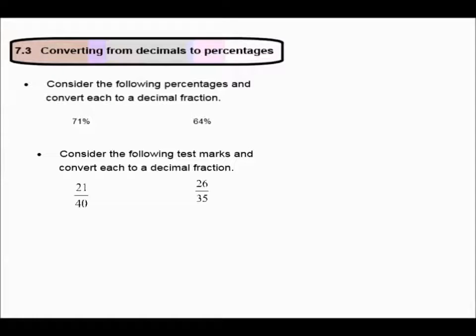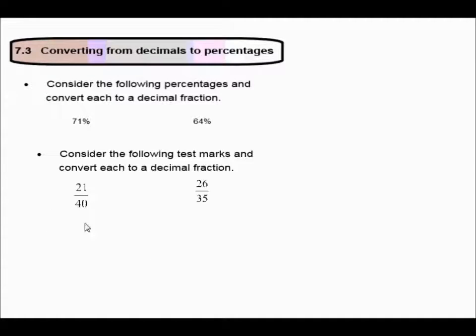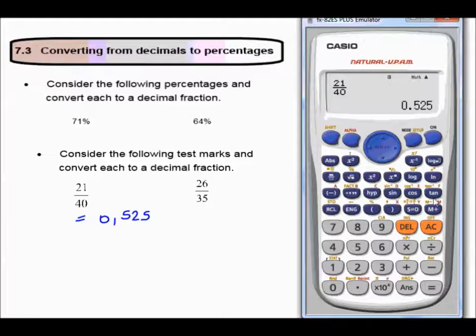Well, if you remember, to convert a common fraction to a decimal fraction, all we did was we said 21 over 40, or 21 divided by 40, so that would equal 0,525. Next, 26 out of 35.